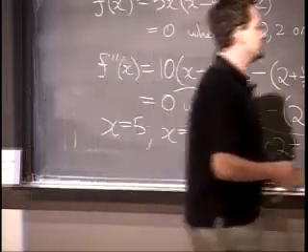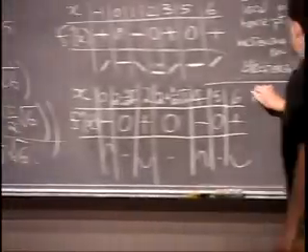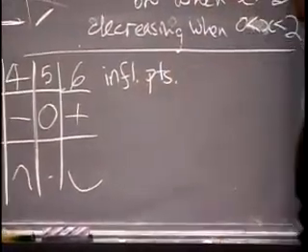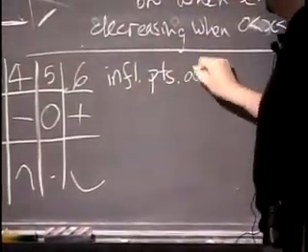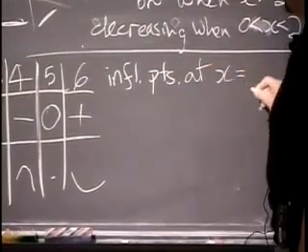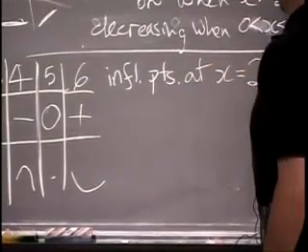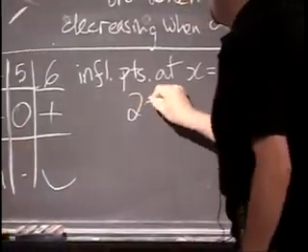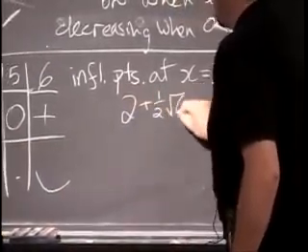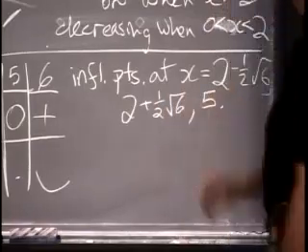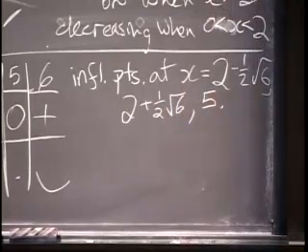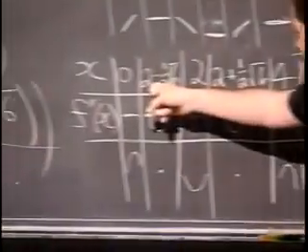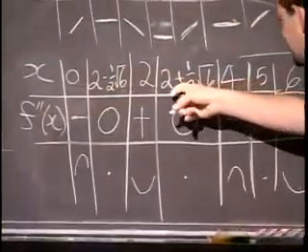So let's summarize. We have inflection points, which I will write "infleputs", but you understand, hopefully, that I mean inflection points. And we see that we have one at 2 minus a half root 6, 2 plus a half root 6, and 5. So those are the 3 inflection points. Where is the curve concave up? The answer is not necessarily at 2, but rather between 2 minus a half root 6 and 2 plus a half root 6.